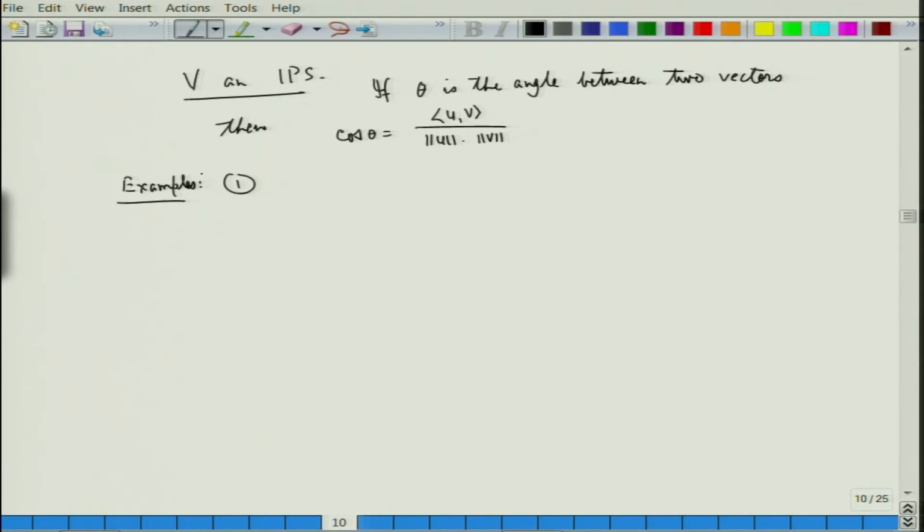First example. We showed that there are certain vectors in R2 which are 0 under the standard inner product. So let me again look at R2 itself with a standard inner product.